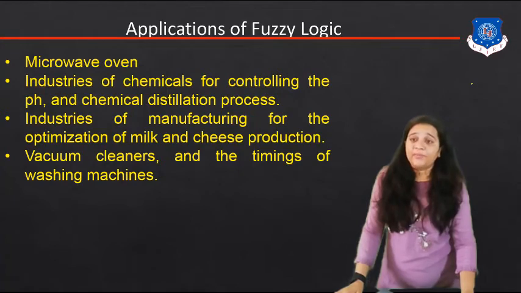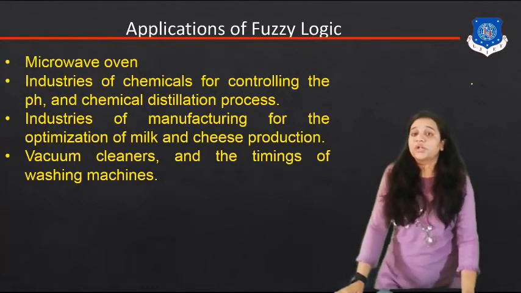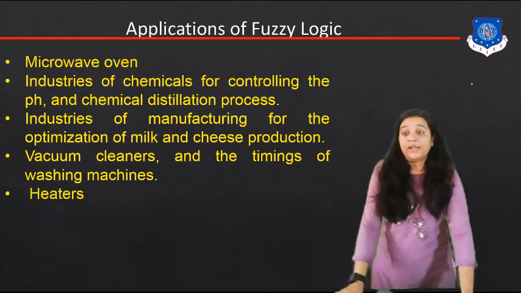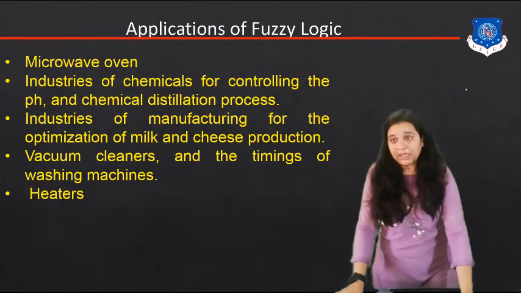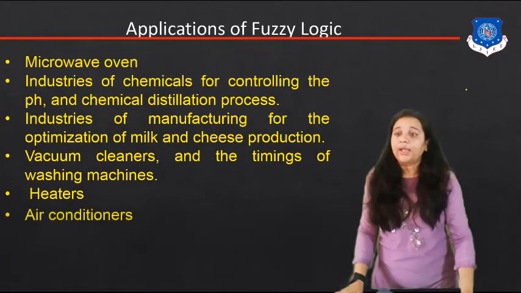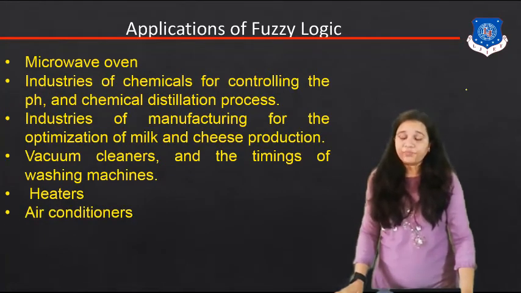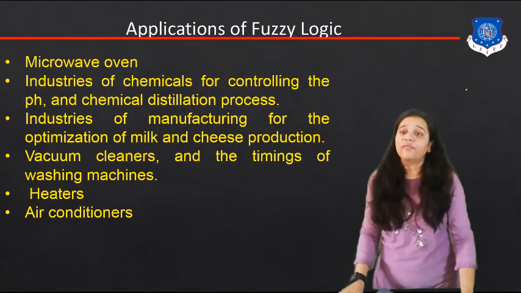So where timing is considered, if we can set the timing for this particular system, that time we can use fuzzy logic theory. Also we can use it in heaters, washing machines, okay, air conditioners. So these are the applications where we use the fuzzy logic system.